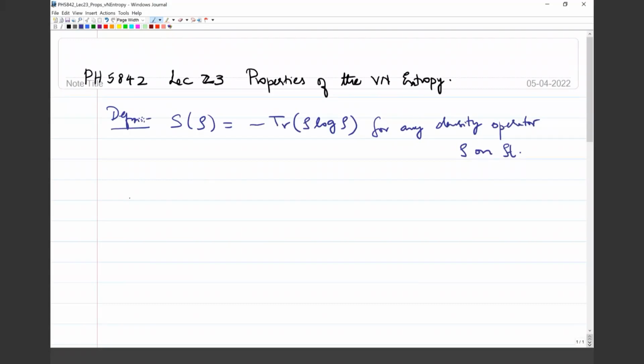So we said that one way to evaluate this is in terms of the eigenvalues. So lambda i are the eigenvalues of rho.